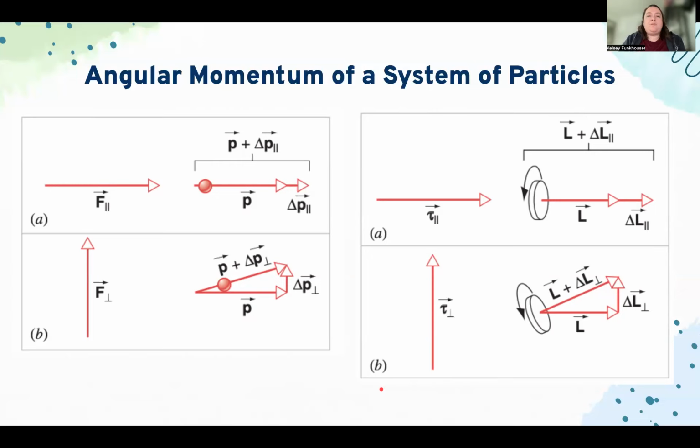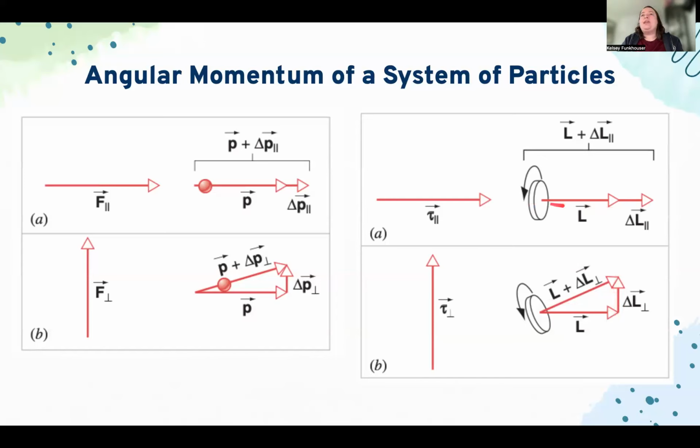In both cases, you also find the results from vector addition. So let's just focus on the angular momentum one first. Here's the parallel component of the torque that changes the magnitude of the angular momentum. And then the perpendicular component of the torque changes the direction of the angular momentum.